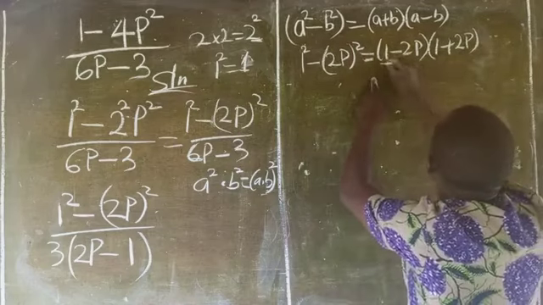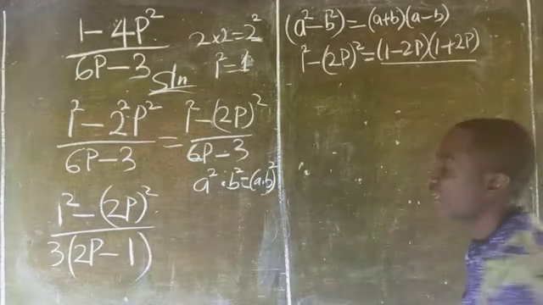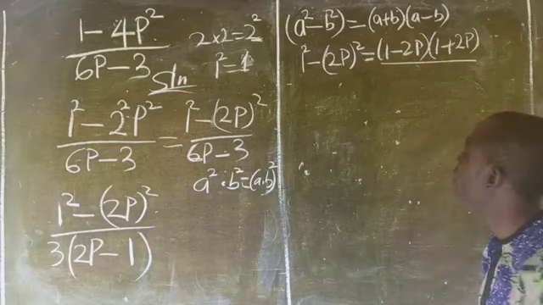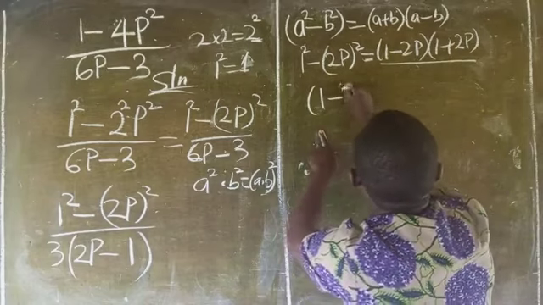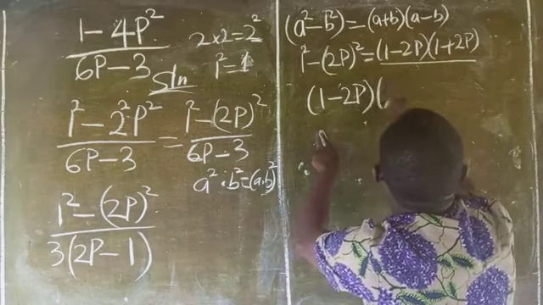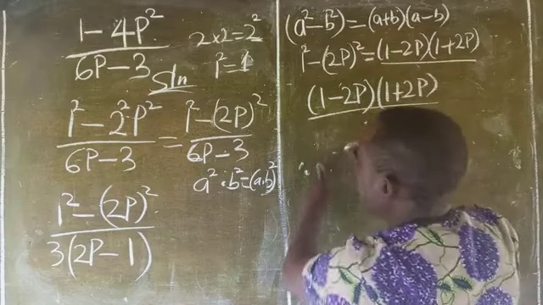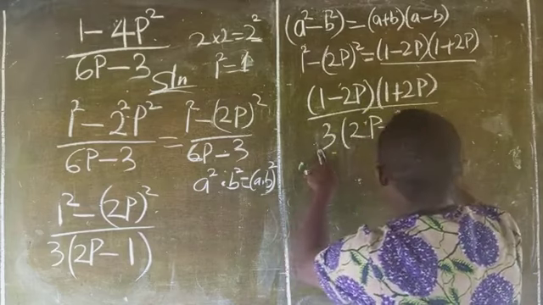So we're going to bring this in the place of the numerator and then retain the denominator and see how it will eventually turn out. So this becomes 1 minus 2p into 1 plus 2p all over 3 into 2p minus 1.